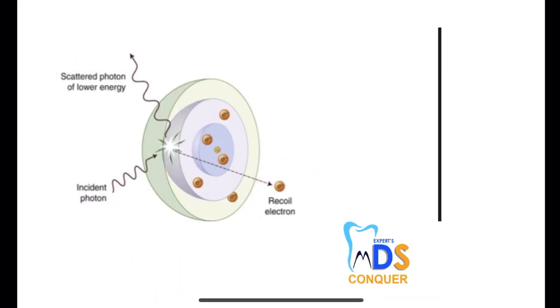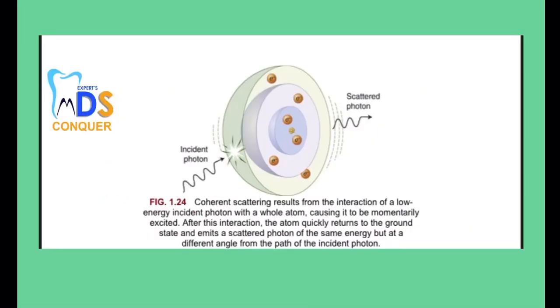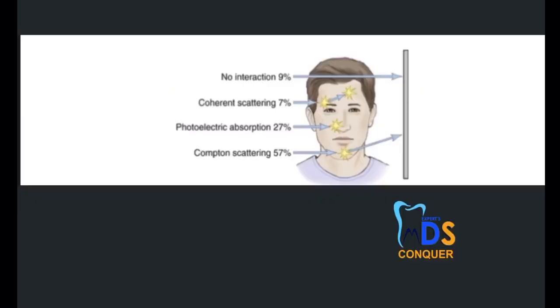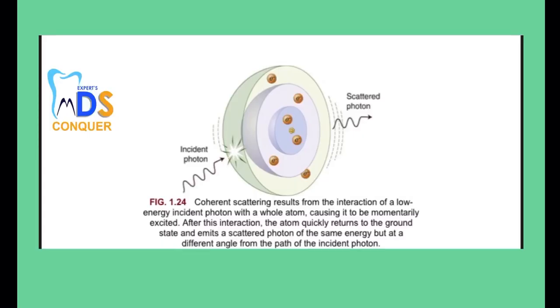So we have discussed the three main important scatterings. The first one is coherent, which is 7%, next is photoelectric absorption, which is 27%, and the last one is Compton scattering, which is 57%. These three are the important interactions of X-ray photons with matter.